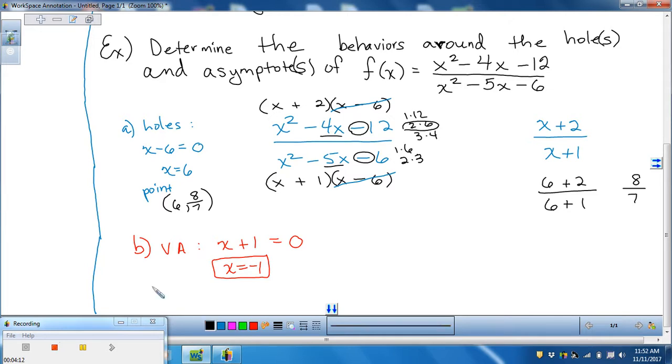So the third thing we're going to determine is our horizontal asymptote. This one will have a horizontal asymptote because you'll notice that the degree of the numerator and the degree of the denominator are identical. The degree of the numerator is 2. The degree of the denominator is also 2.